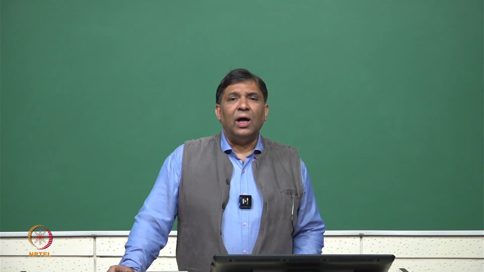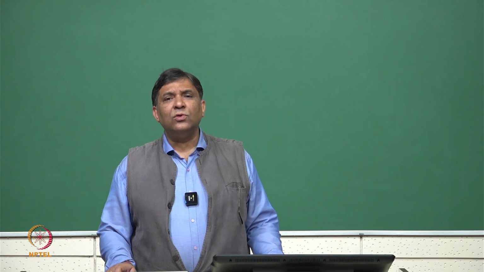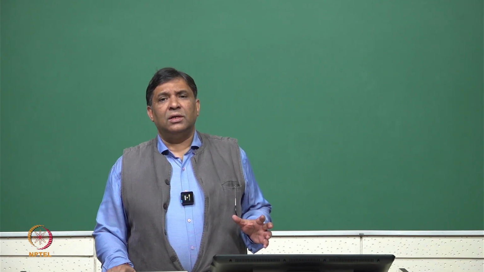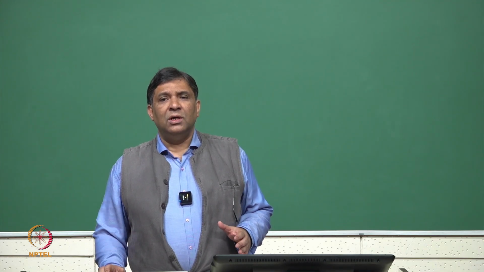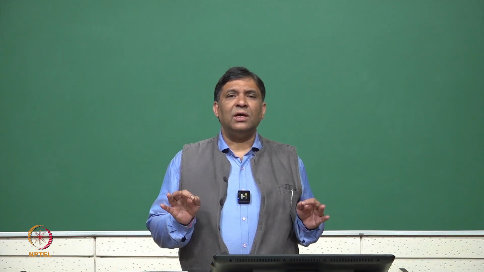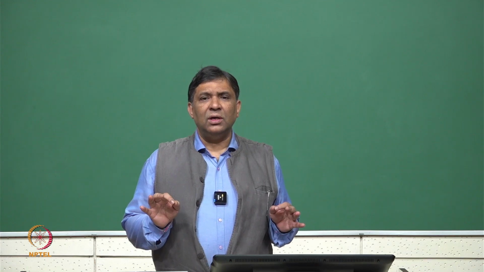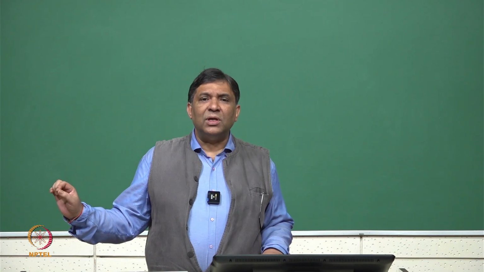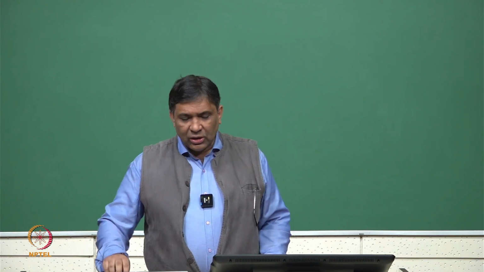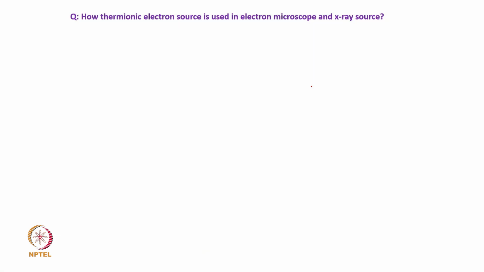Now, how is it used in an X-ray source? We all know how X-rays are produced. Again, for X-rays we need a thermionic electron gun, and electrons are emitted from the gun. This is an E gun, I should write thermionic.